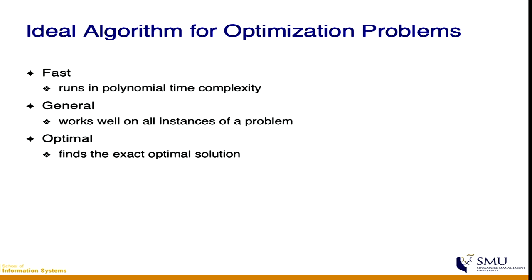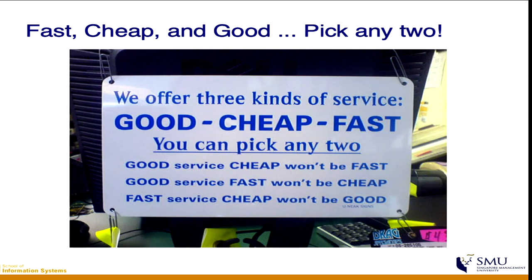Now, this is the ideal, right? But we don't live in an ideal world. Generally speaking, if you want fast, cheap, and good, you can pick 2. You can't get all 3, because there are trade-offs that you make in order to get a particular property. If you want good and cheap, it won't be fast. If you want good and fast, it won't be cheap.